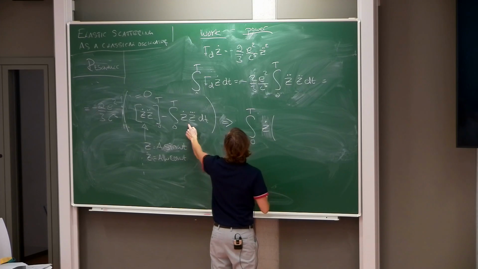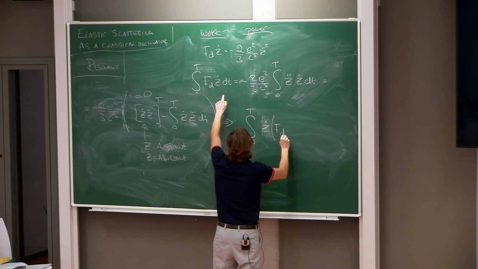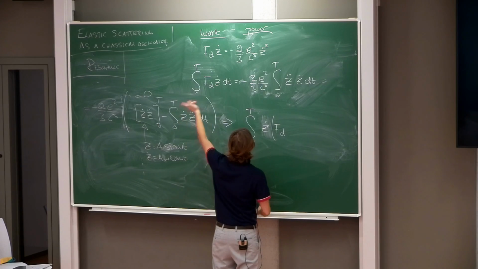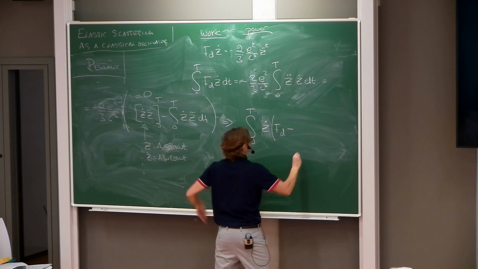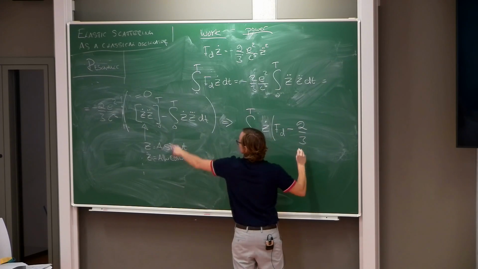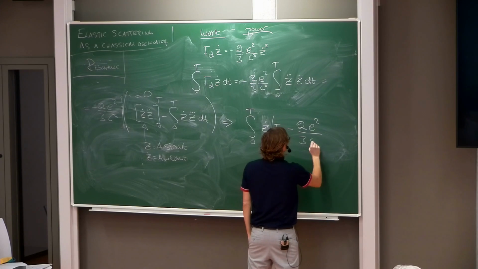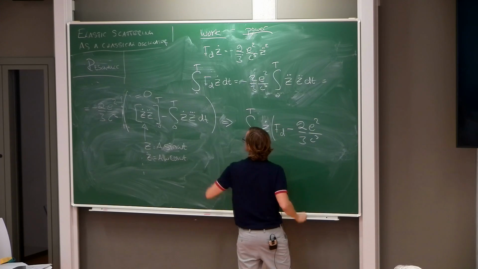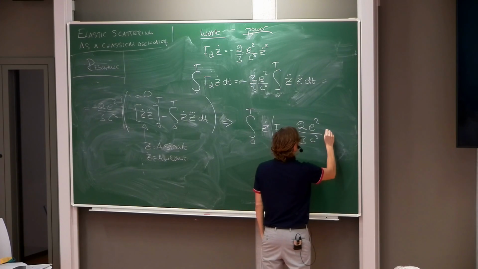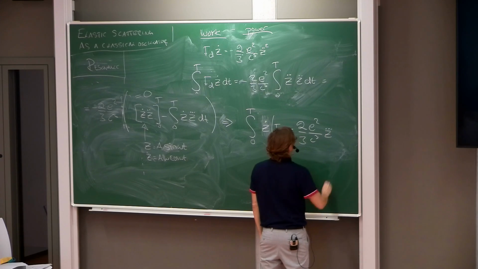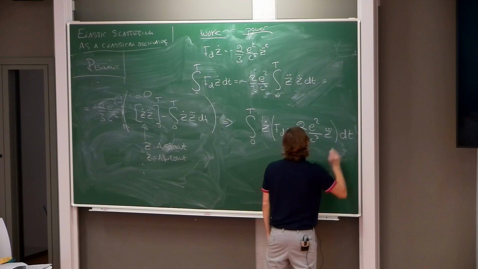Then we have the damping force there, right? And then since we have the positive, this must be a negative on the other side: 2/3 e squared over c cubed times c triple dot, dt.